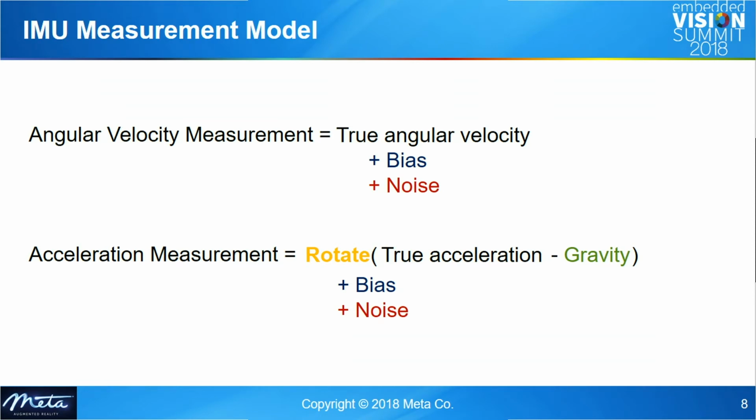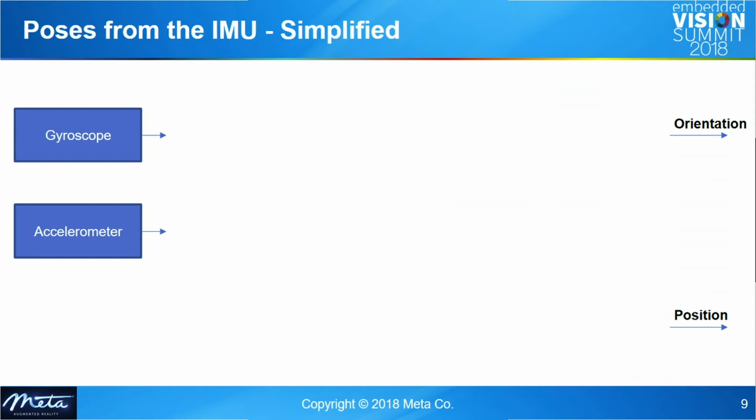So given these challenges, given these noisy outputs with bias, how could we get the 6 degree of freedom device pose based on these inputs? This is a slightly simplified model, but still gives a pretty good idea of what is going on. With the gyroscope, with the angular velocity measurements, we first need to estimate and subtract the bias.